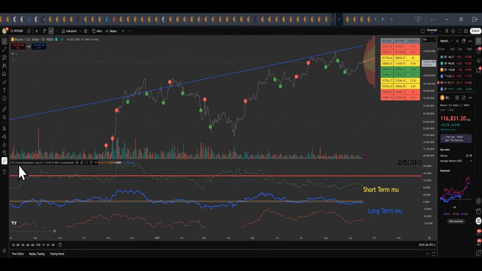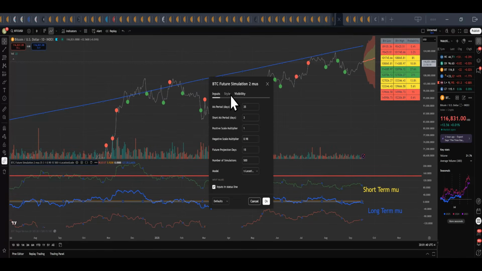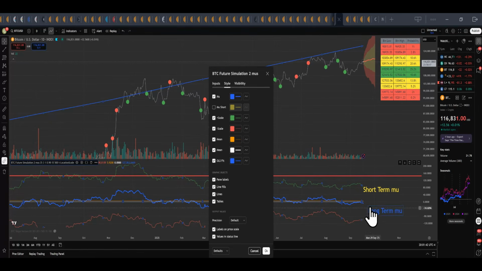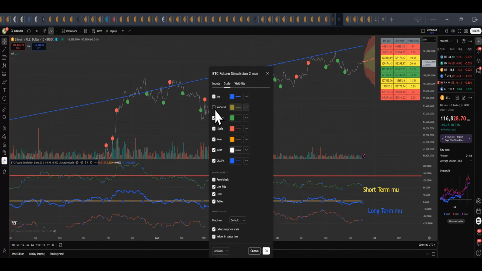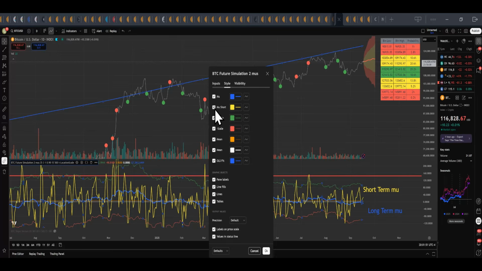If you go back here and you add a yellow line, you can turn it off. In fact, maybe I should make it a parameter that you choose here. But you can also do it graphically like that, turning the yellow line on and off.